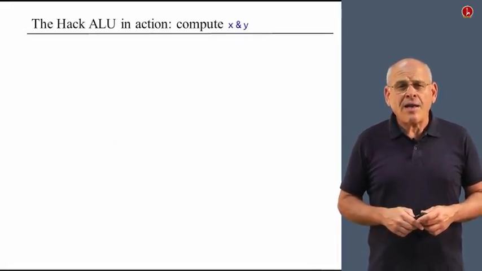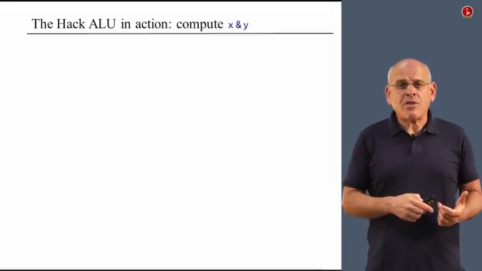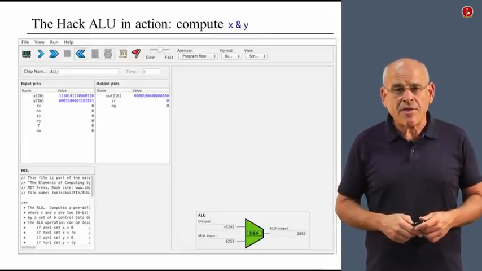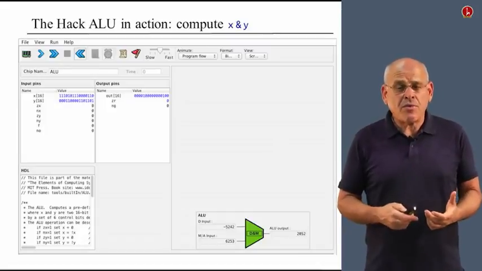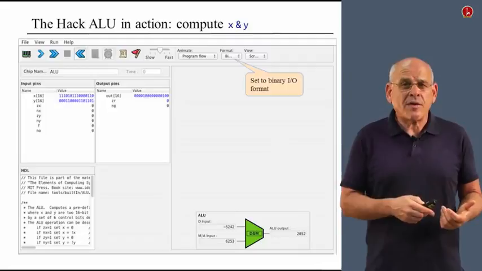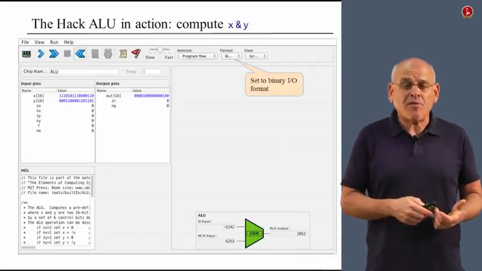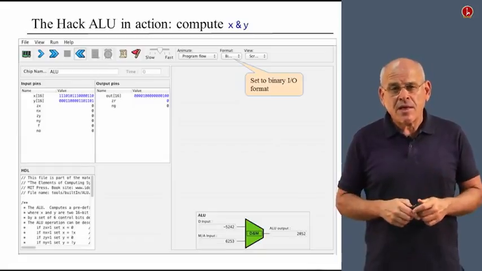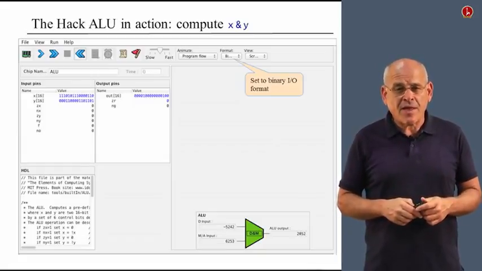All right, let me give you a second example which demonstrates the logical computational capabilities of the ALU. The first thing I do is tell the simulator to revert to working with Boolean formats rather than decimal formats, which makes it much easier to enter zeros and ones into the various inputs of the ALU.